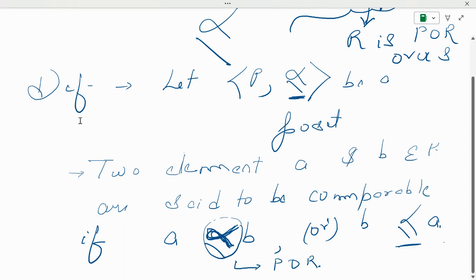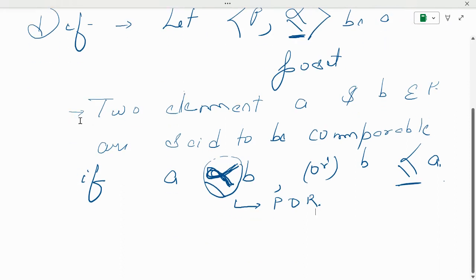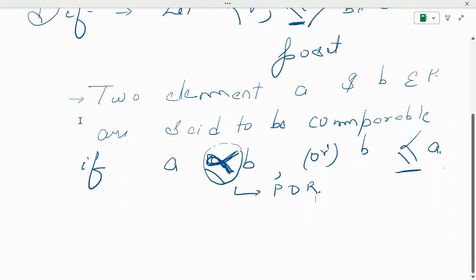So if A and B are two elements that belong to P, and let's say this is an operation over the poset, so if A has this operation over B, or B has this operation over A, we can say that these are comparable.